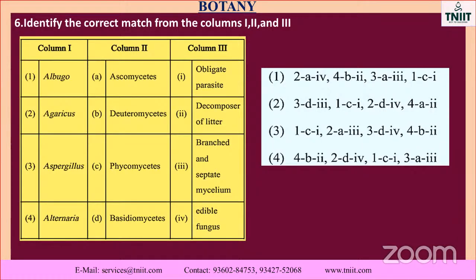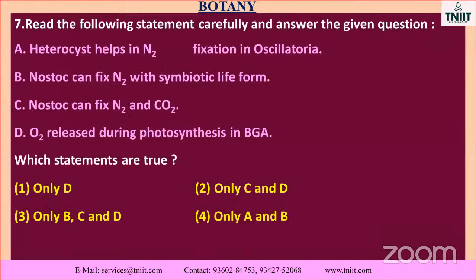Last one, Alternaria, Ascomycetes, and also branched and septate mycelium. Don't forget, my dear students, Ascomycetes is also one of the septate. What is septate? One cell is divided from another cell with the help of a small layer called a septum. The fourth one is correct.